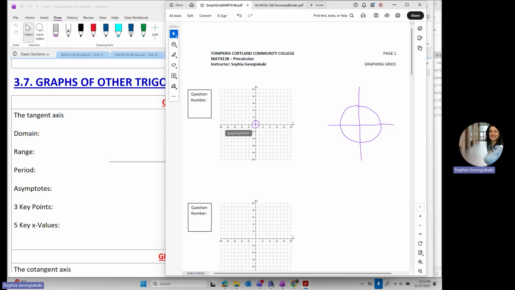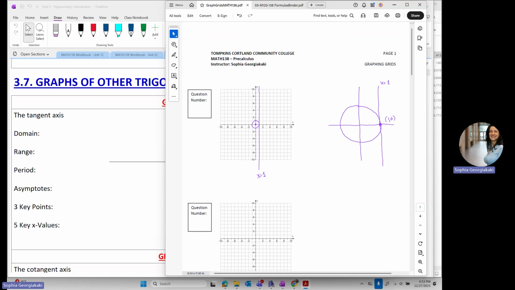And I want you to consider the vertical line x equal to 1, which is right here. X equal to 1 is this vertical line. So in the graphing paper, it will look like this. This is x equal to 1. And this line is tangent to the circle at the point (1, 0).